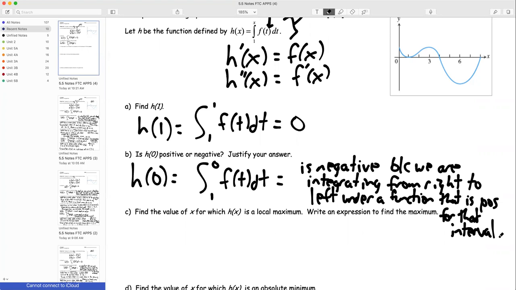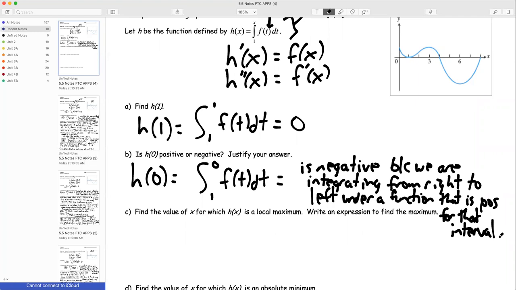So the area under the curve from 0 to 1 is positive, but because my bounds are reversed, I'm moving backwards, and that will change the sign and the value from positive to negative.